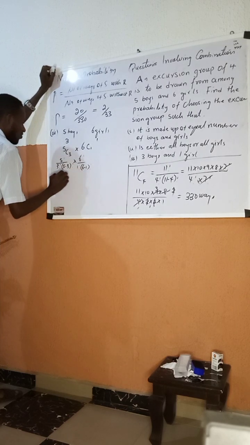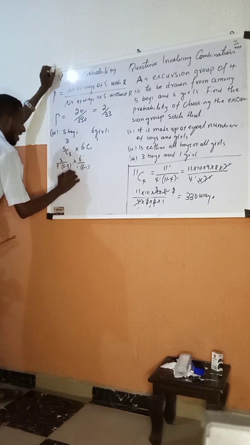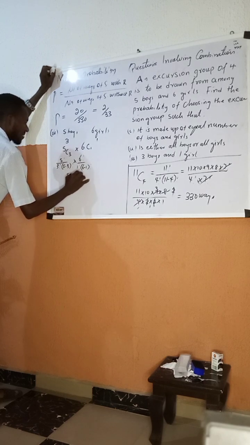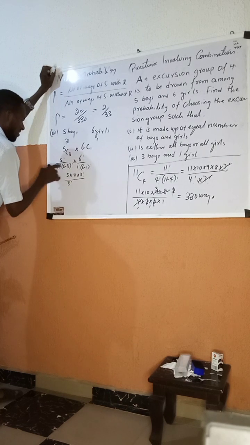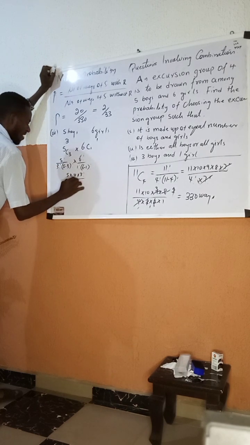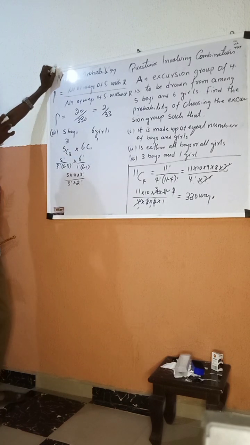And then this is now going to be 5 times 4 times 3 factorial all over 3 factorial, 5 minus 3 is 2, multiplied by 2 factorial.